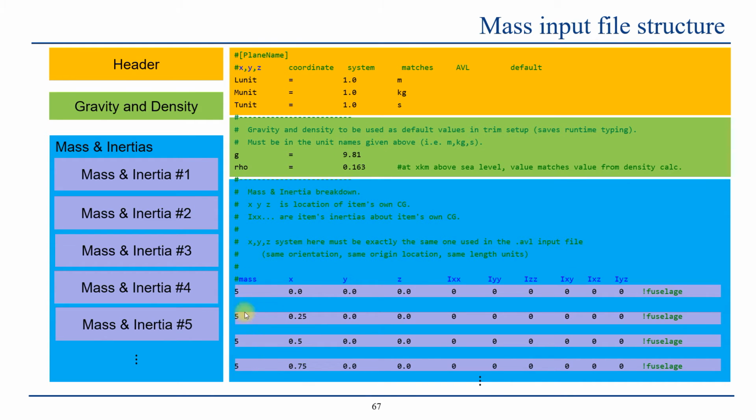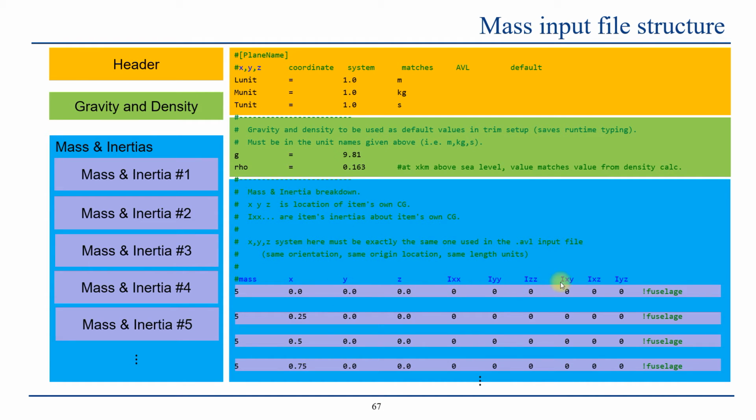In this example, we said that we are going to have all the point masses as 5 kilograms. Remember that the unit is kilogram here. So we have 5. Each point mass also has a coordinate, which is x, y, and z. The x, y, and z are the same as they were for the geometry file that you designed. So the coordinate system is exactly the same.